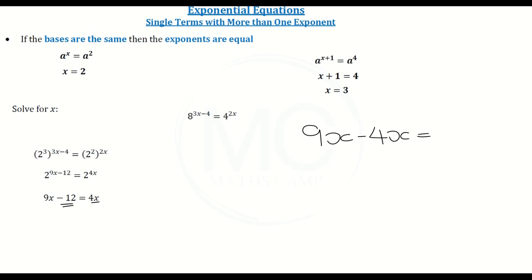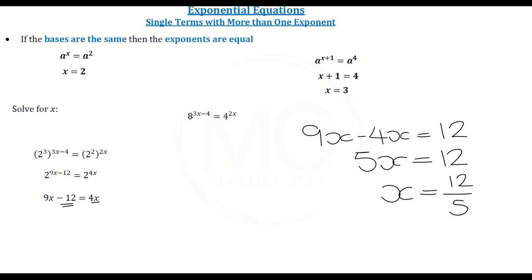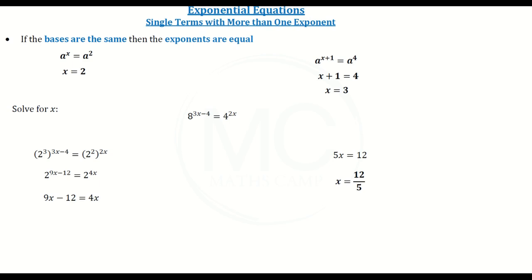We're going to move it across and it becomes positive 12 on the right-hand side. 9x minus 4x is 5x, and that is equal to 12. To get x by itself, let's divide both sides by 5, and we see that x is equal to 12 over 5.